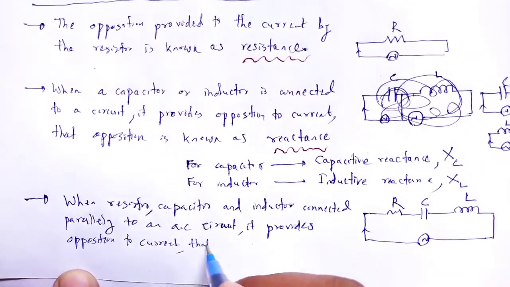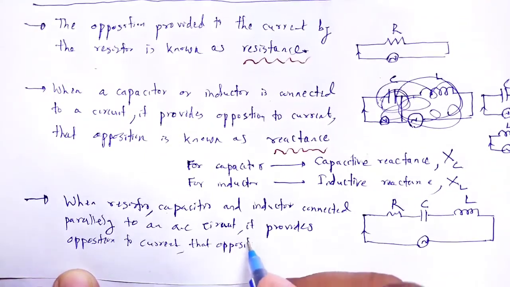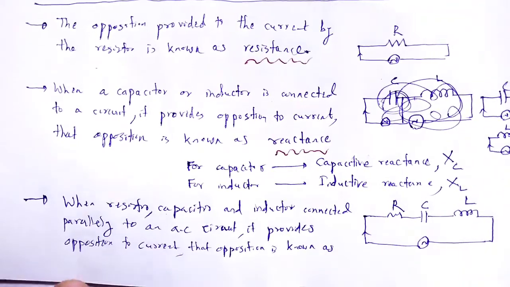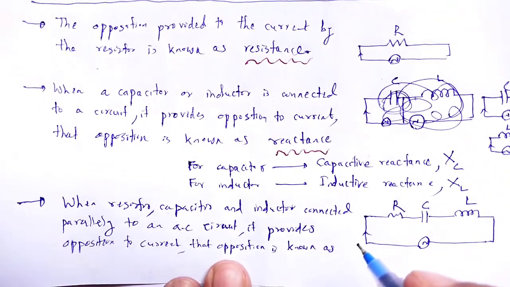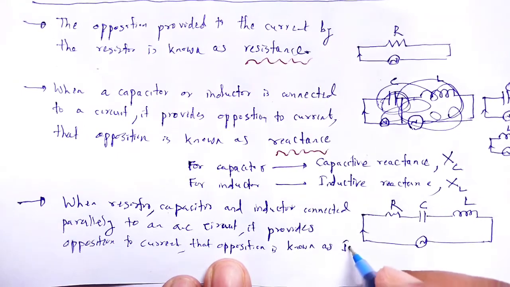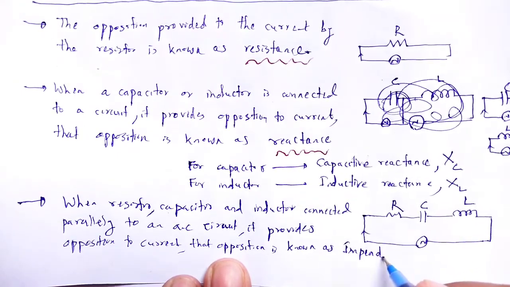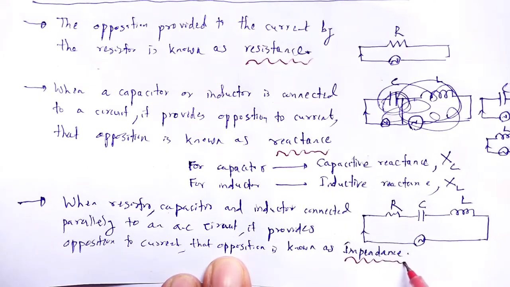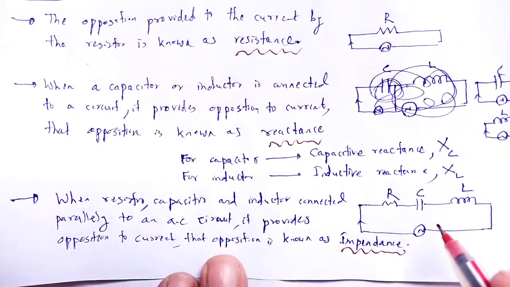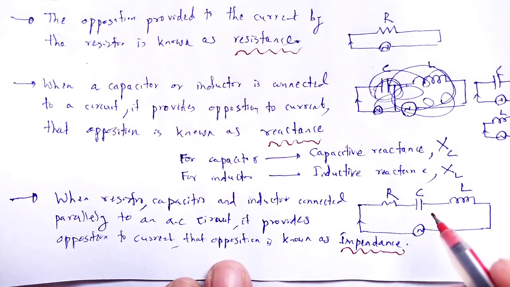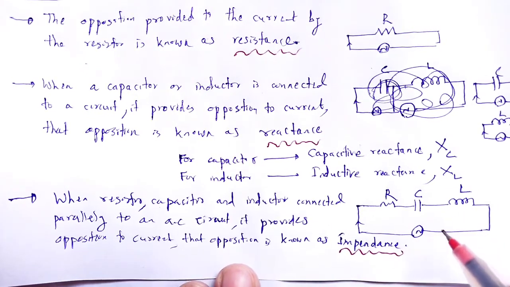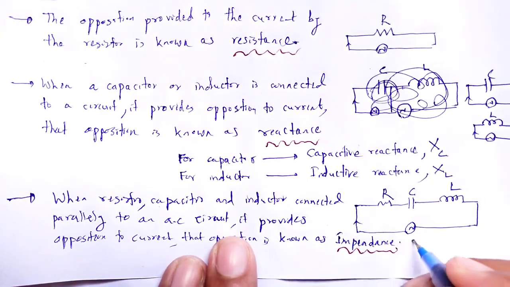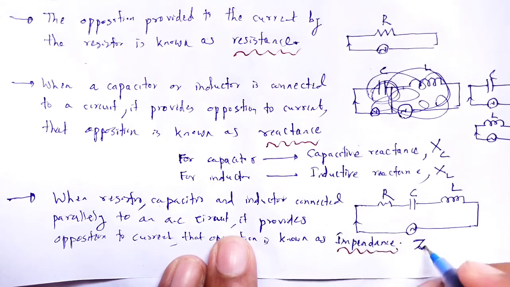That opposition is known as impedance, and it is denoted by Z.